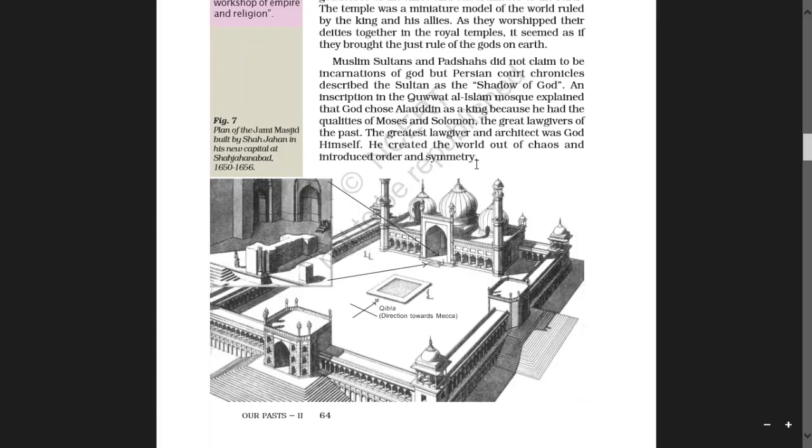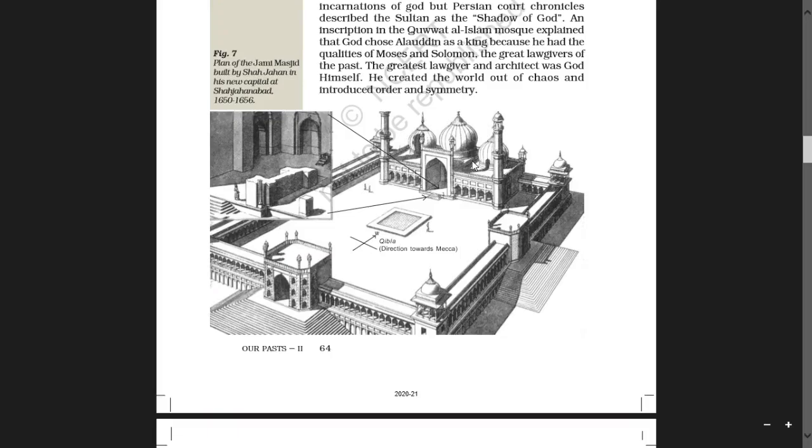Symmetry here means the quality of being made up of exactly similar parts facing each other or around an axis.